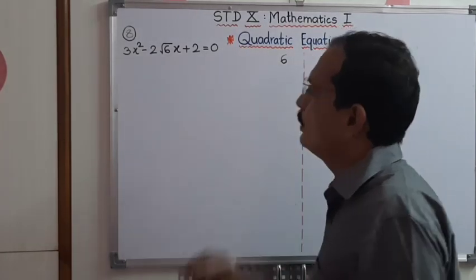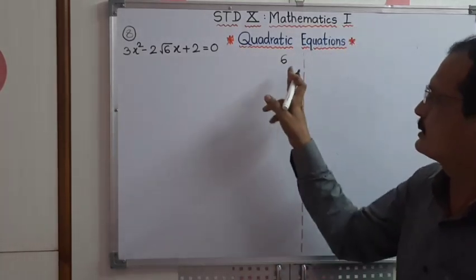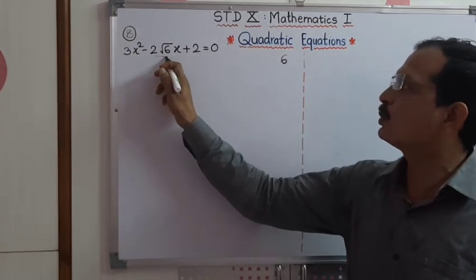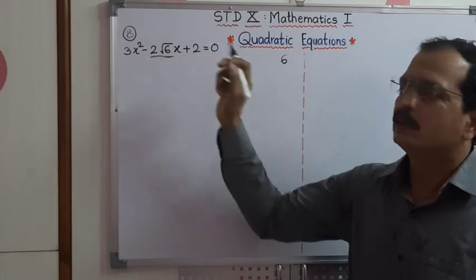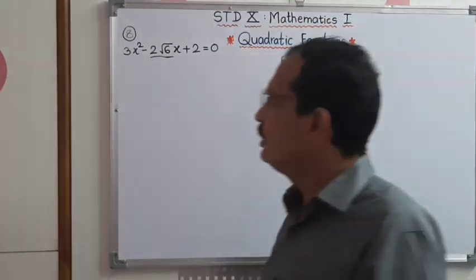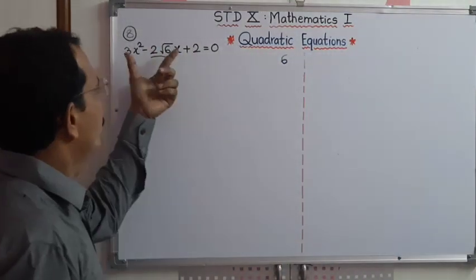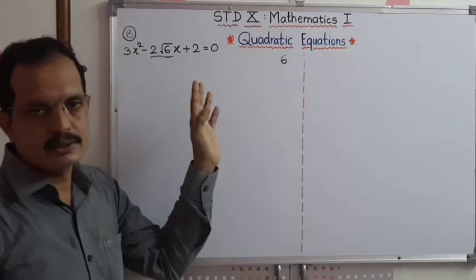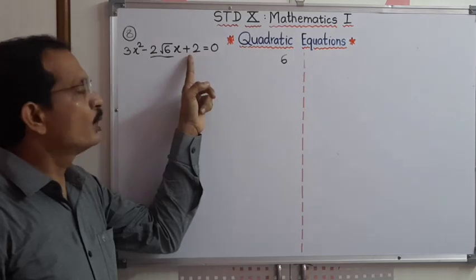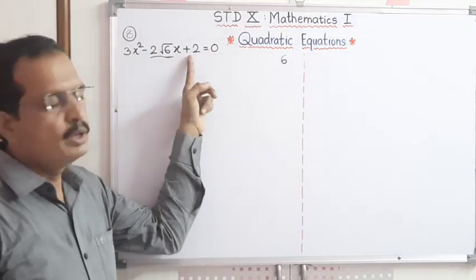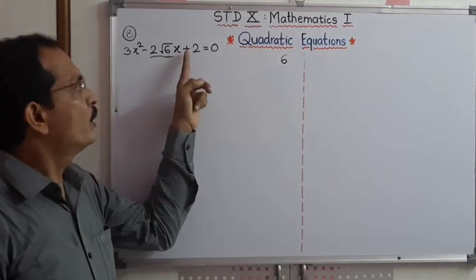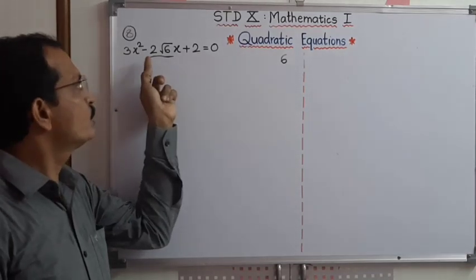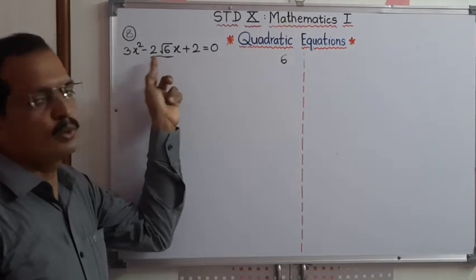Now we have to factorize this 6 such that the addition is 2 root 6. See here, we multiply this 2 with 3, we get the answer as 6. Here the sign of the constant term is positive, therefore we have to factorize this 6 whose addition should be 2 root 6.